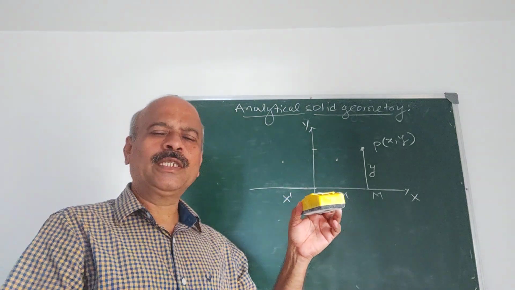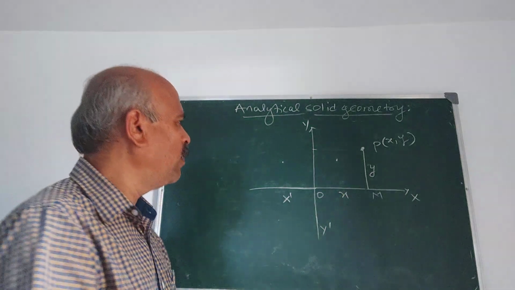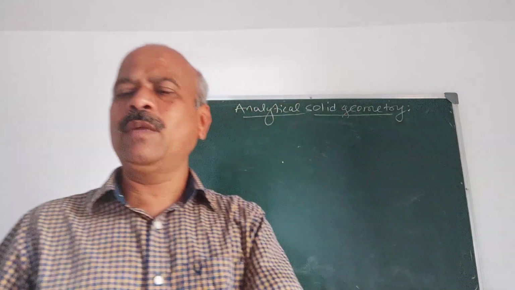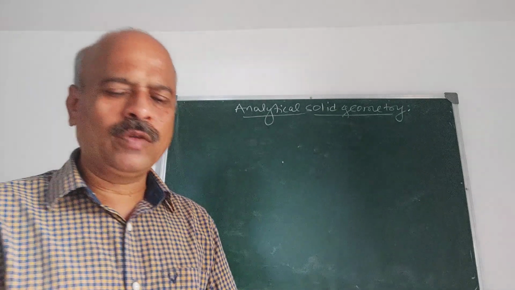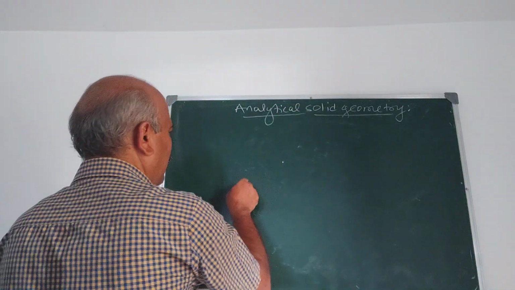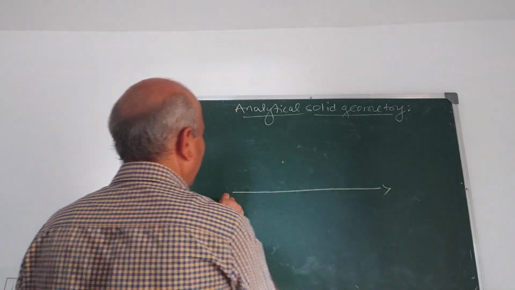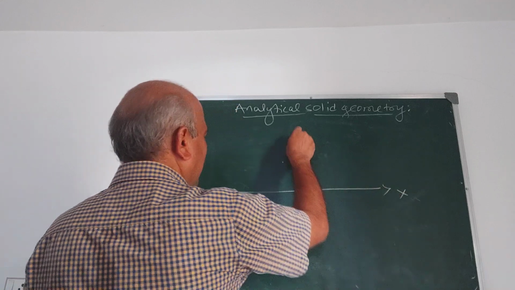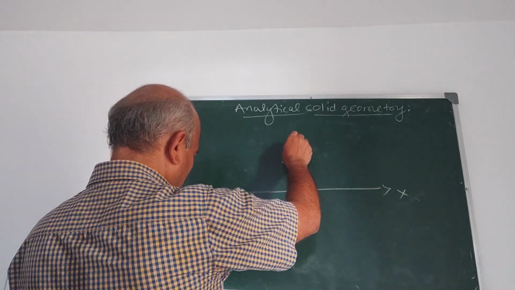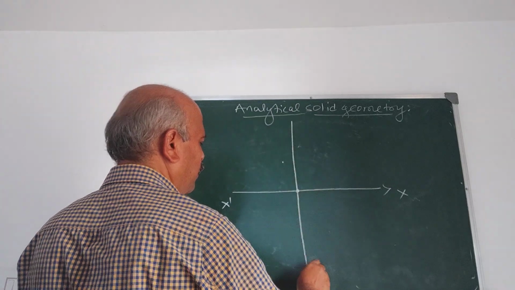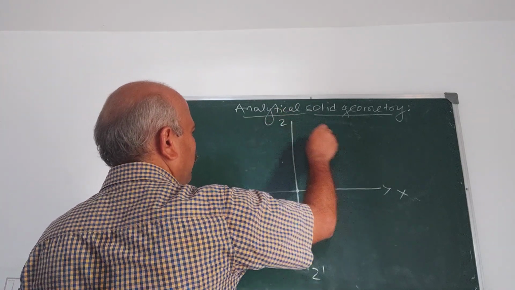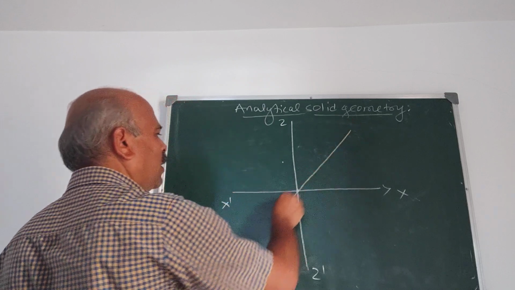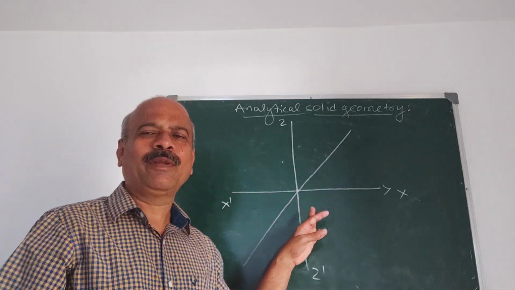So to represent a point in space, we require three mutually perpendicular lines. Now the three mutually perpendicular lines are taken like this: x dash ox, z dash oz, and another perpendicular line. In the plane we cannot take three perpendicular lines.